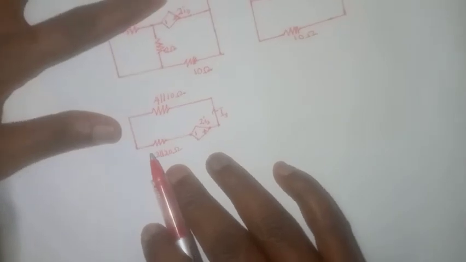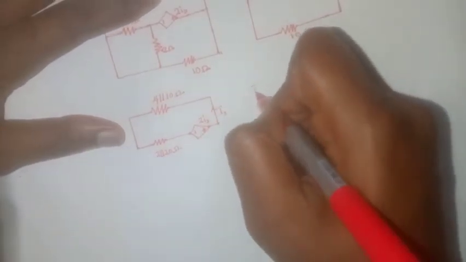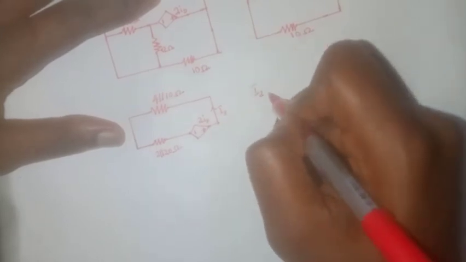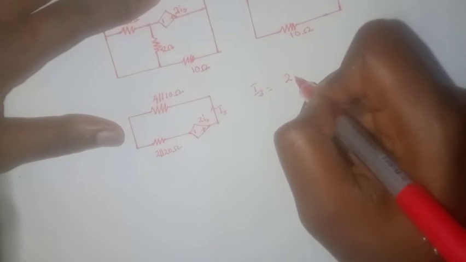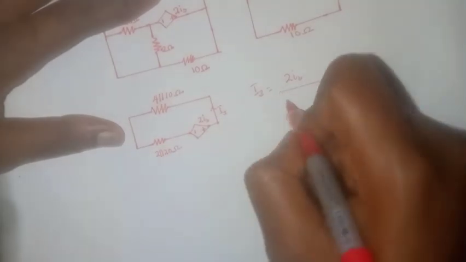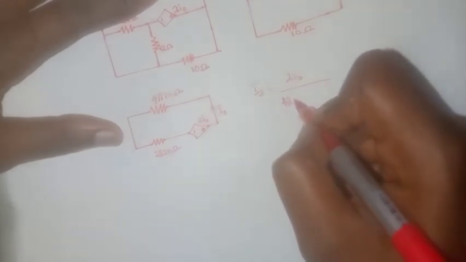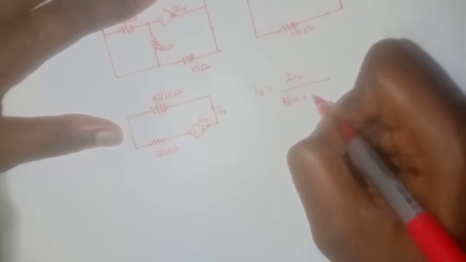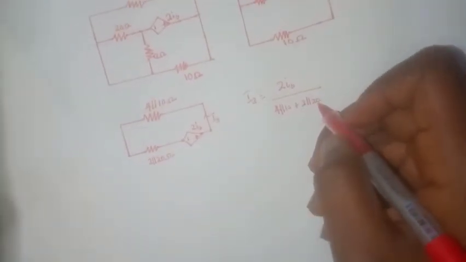And what you see is that you can then calculate the total current coming out through this power source, I3, as 2 IB over 4 in parallel with 10 plus 2 in parallel with 20.